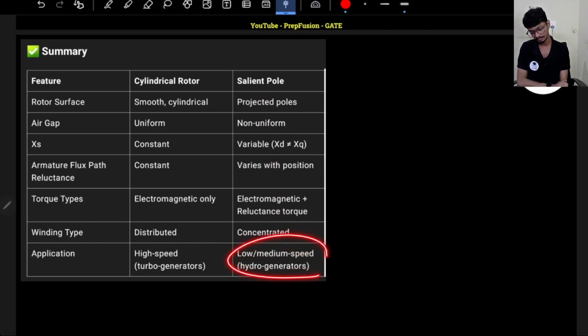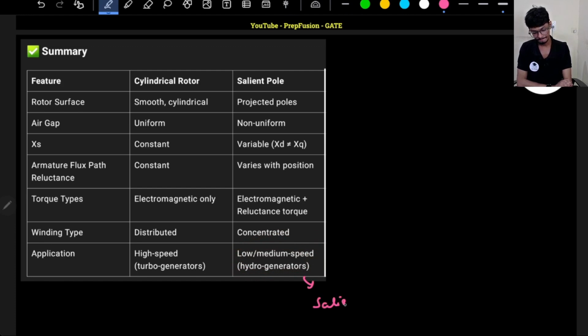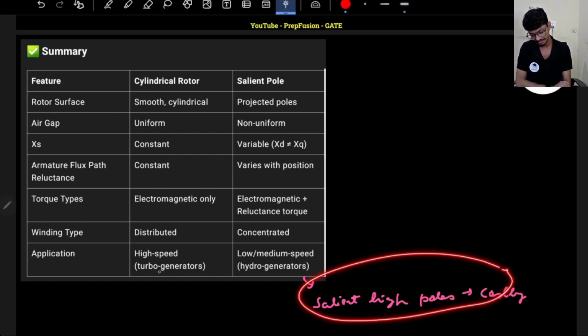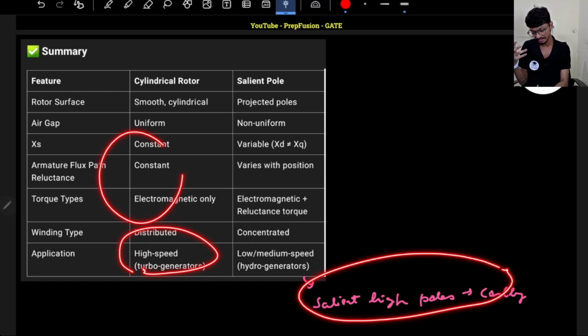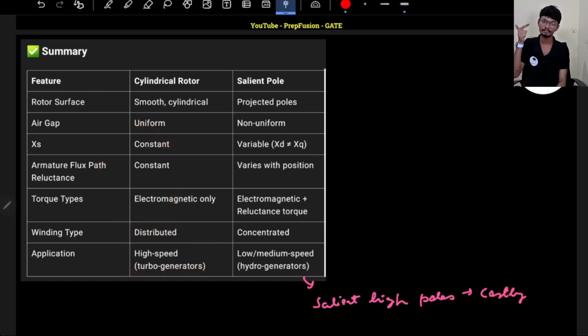For salient pole, a high number of poles becomes very costly, so that's why we avoid it. It is easier to make more poles in the cylindrical rotor, hence the speed is also higher here. This we have already discussed in the first lecture of synchronous machines. Okay, so this was the summary.